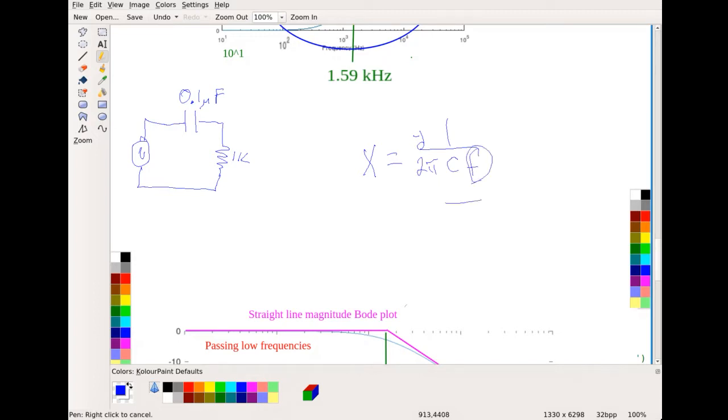So as the frequency goes up, X goes smaller. If f is small, then X is big. But if f is big, then X is small.